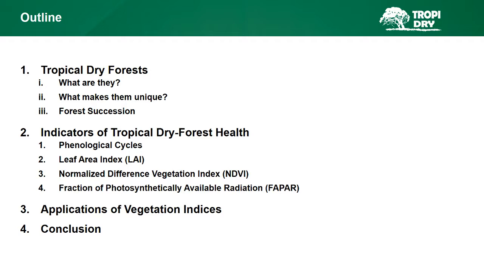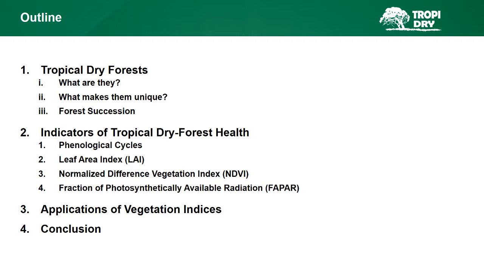So it's really quintessential to be able to understand what forest succession is and what are the mechanisms that drive forest succession as well. Then we will go into the second topic, which are indicators of tropical dry forest health. A lot of these are more modern remote sensing techniques trying to identify vegetation health.